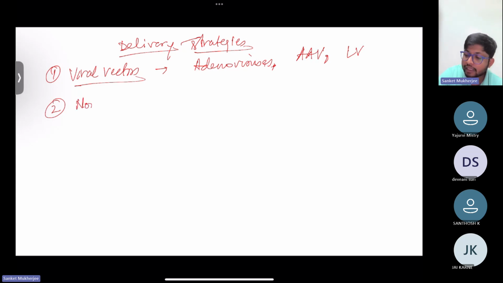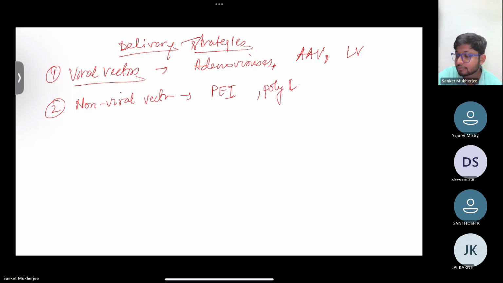There are non-viral vectors also, like polyethylene amine, a transfection reagent, and polylysine. Then there are some cell-penetrating peptides which can get inside the cell and can also take your protein along with you, or the protein-coding gene along with you.